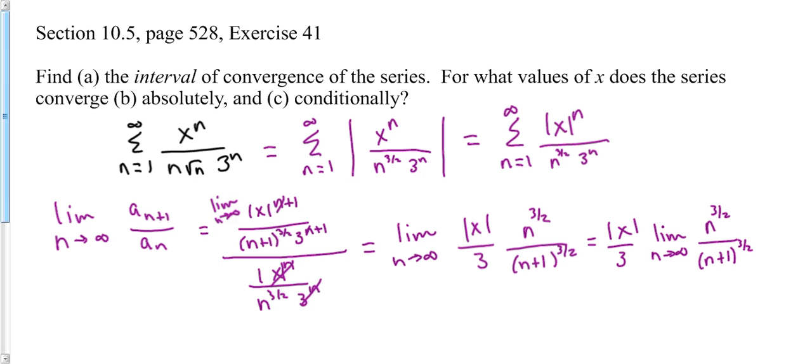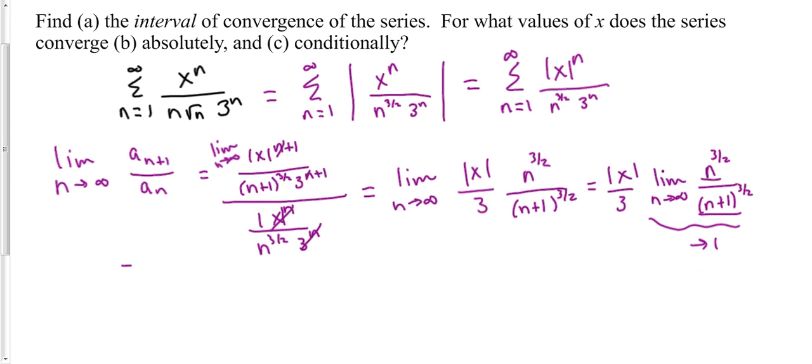And if I use n behavior modeling, both the numerator here and the denominator are going to go as n to the 3 halves, which means that they're going to cancel, and this whole limit here is going to go to 1. So I'm going to end up with the absolute value of x divided by 3. And this will converge, as we know from the ratio test, if this value is less than 1.